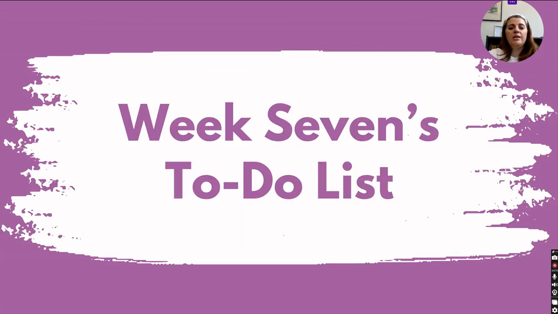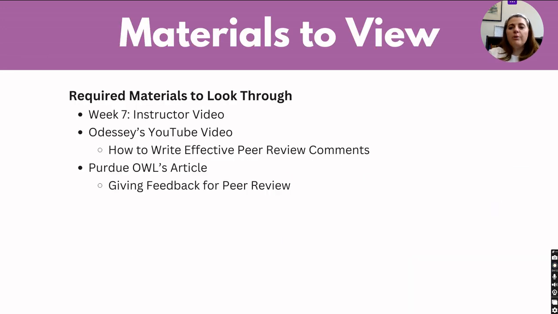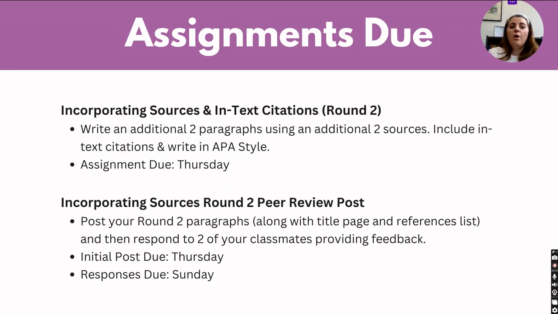For this week, what I need you to be working on is our required materials: the week 7 instructor video, Odyssey's video on how to write effective peer review comments, and Purdue OWL's article on giving feedback for peer review. We also have those 2 assignments due. The Incorporating Sources and In-Text Citations round 2 is an additional 2 paragraphs with an additional 2 sources.